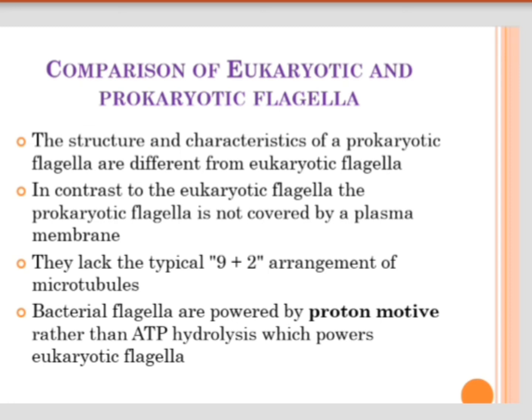So that is the main difference. In prokaryotes, the proton motive force is responsible for flagellar propulsion, whereas in eukaryotes, ATP hydrolysis provides energy for the movement of flagella. So these were some of the main differences between eukaryotic and prokaryotic flagella.